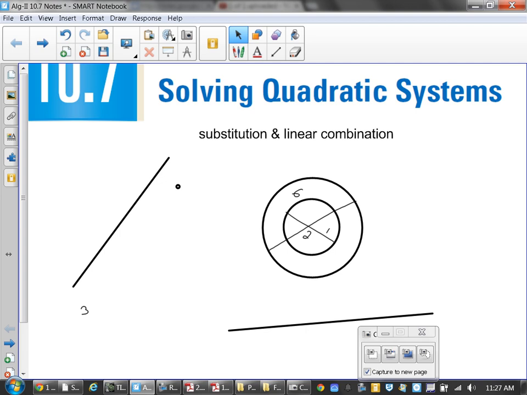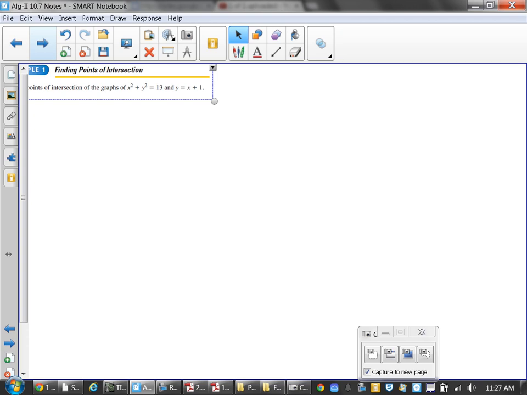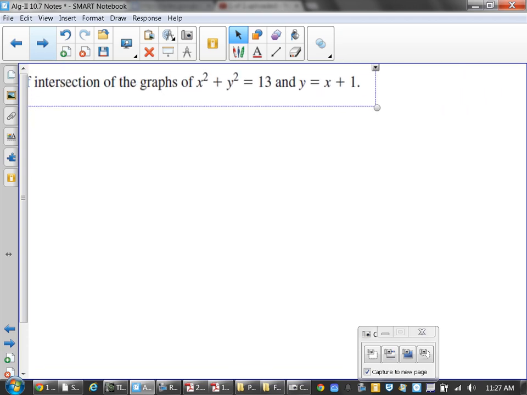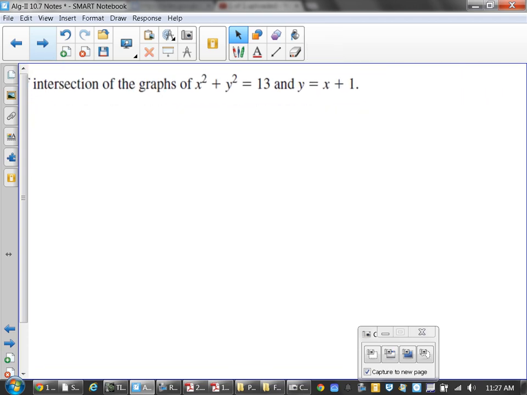Okay. So speaking of circles, nice segue there. You're not having to graph any of this stuff, just so you guys know. What we're doing here is we're working algebraically. We're going to find the possible intersection points of two figures, or more. So in this case, we have two equations. We have the equation of the circle, which is x squared plus y squared equals 13.